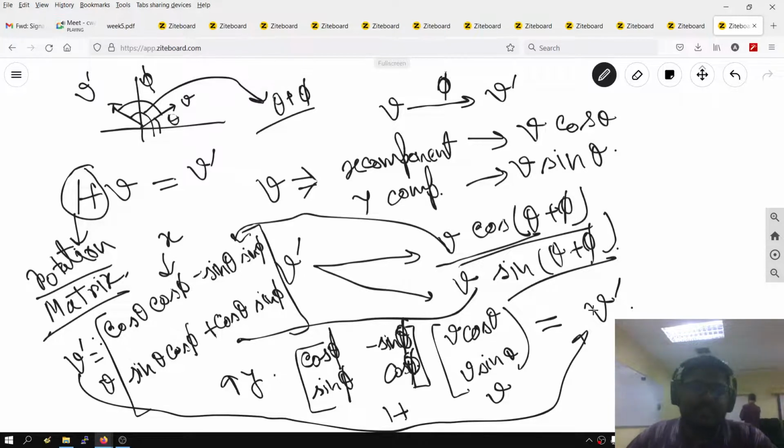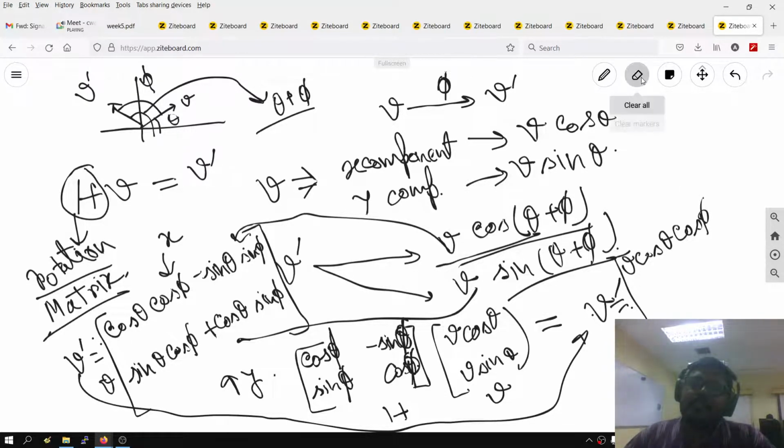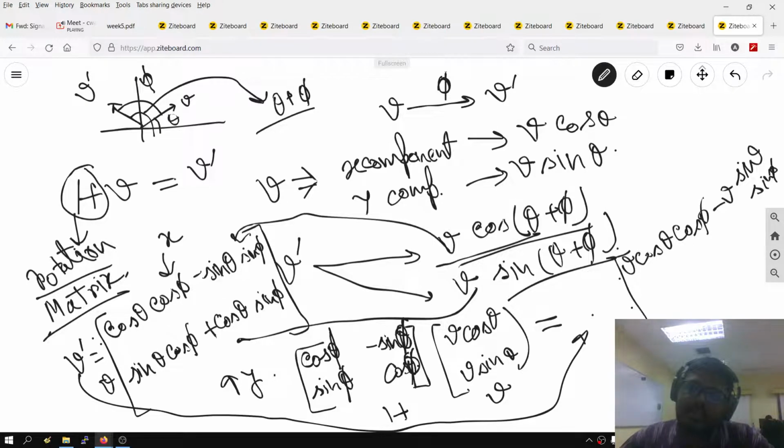So v dash, multiplying the first two terms, is v cos theta cos phi, and if I multiply the second term, it becomes v sin theta sin phi. So from here, what is the conclusion?